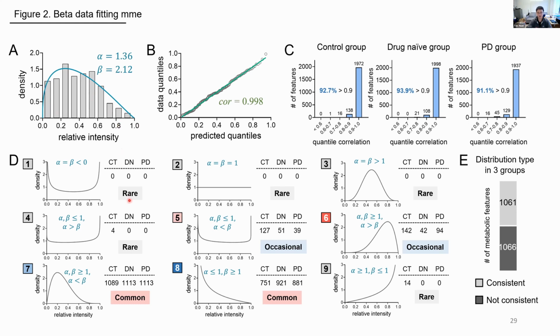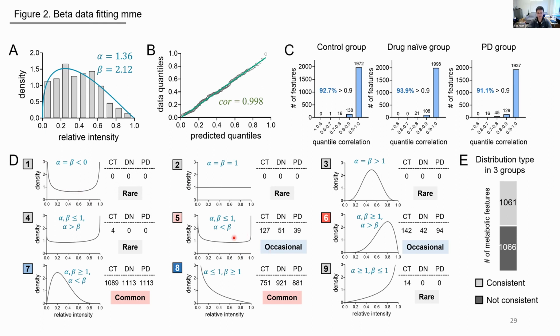So in principle, there are about 9 different combinations of alpha and beta, representing 9 different types of data distribution. And we find that some of the data distributions are very rare. Like in this case, it's high in the low intensity and high in the high intensity, but very low in the medium intensity. This is very rare.